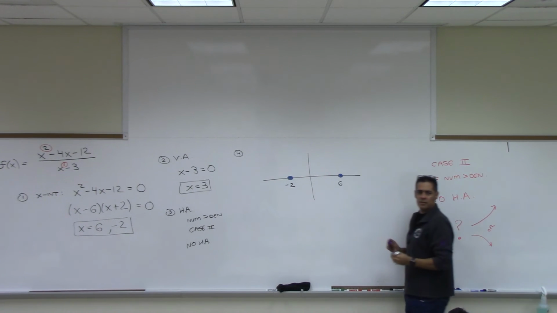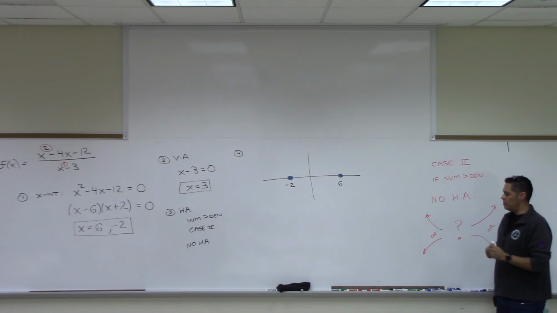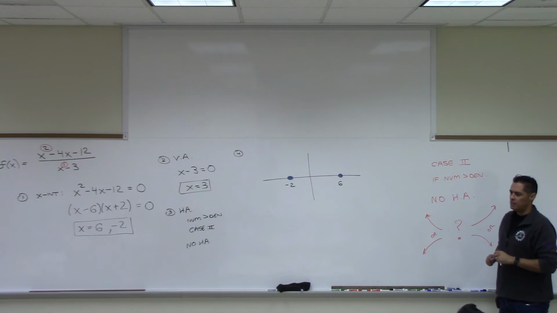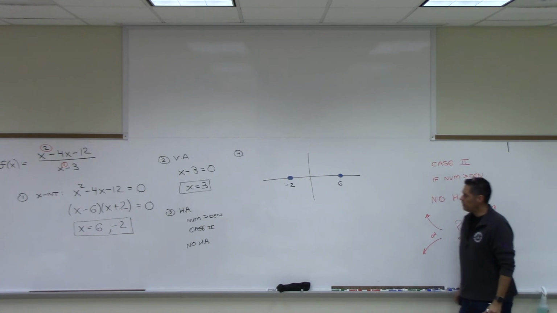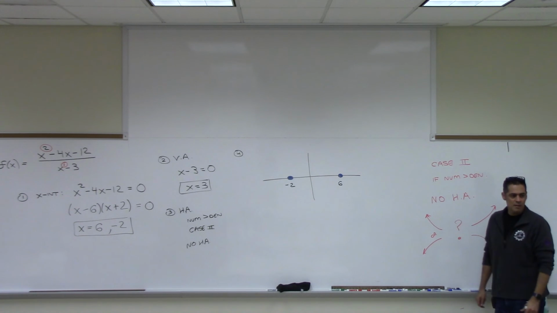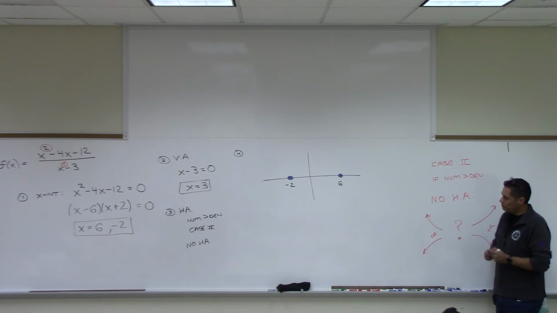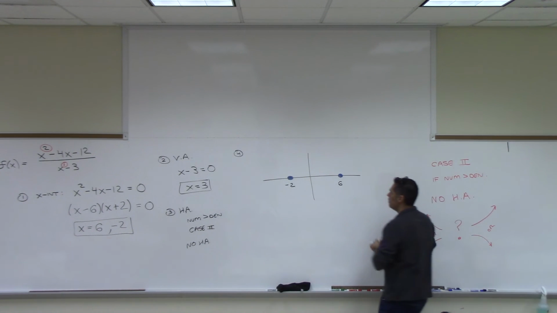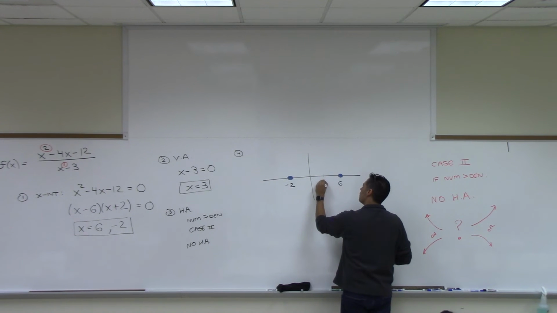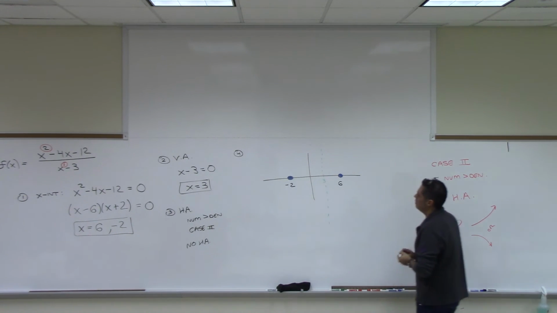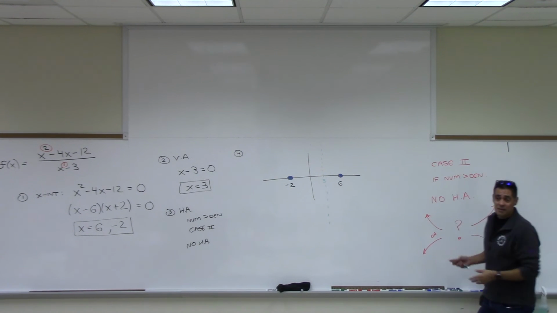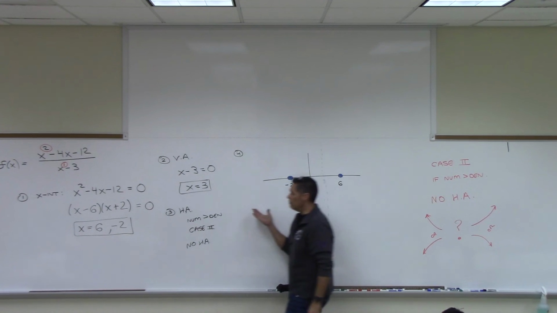Vertical: at 3, we have a dotted vertical barrier at 3. And that's it. That's all I know.